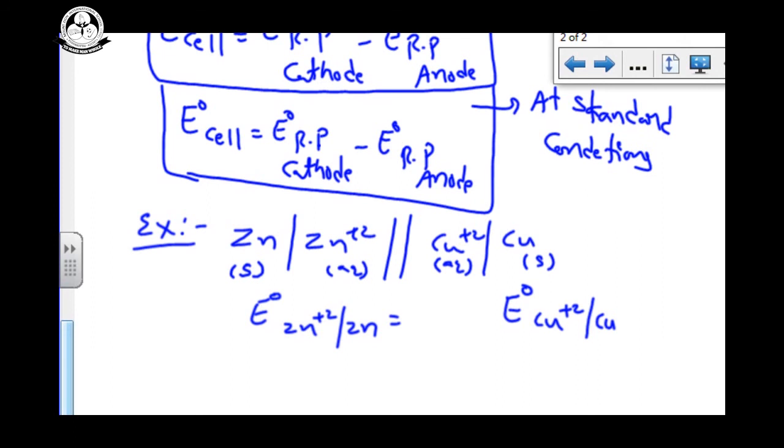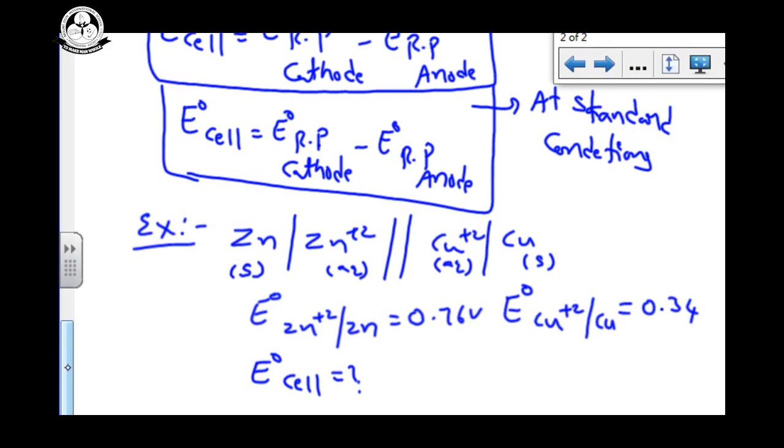See, the standard reduction potential for copper is 0.34 volts, and for zinc it is minus 0.76 volts. Then calculate the standard E naught cell value. How much is it?